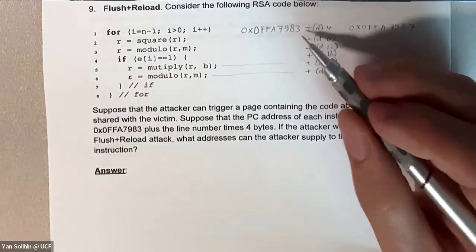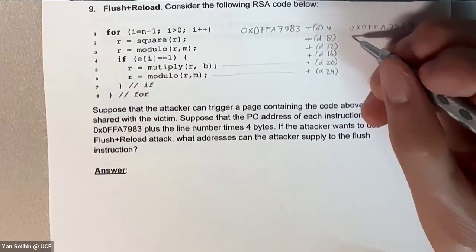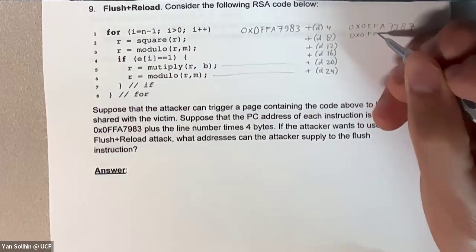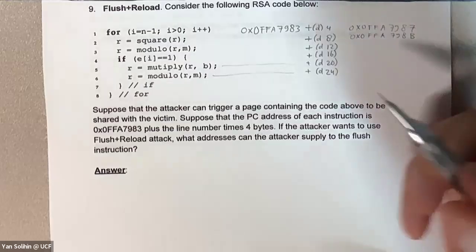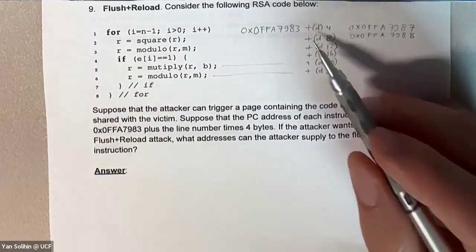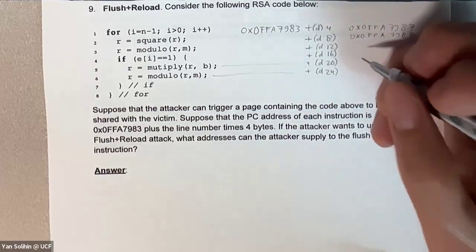Then plus 8: 3 plus 8 is 11, and 11 is B. Then plus 12: 12 plus 3 is 15, and 15 is E.